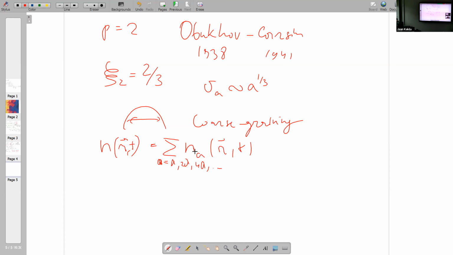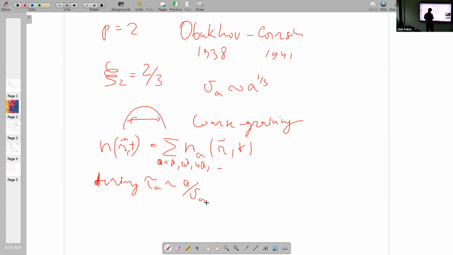And then we have a spectral theorem, which states that the spectral energy is transferred to smaller scales. Over a characteristic rotation time tau corresponding to scale A, estimated as the scale divided by the speed associated with that scale.